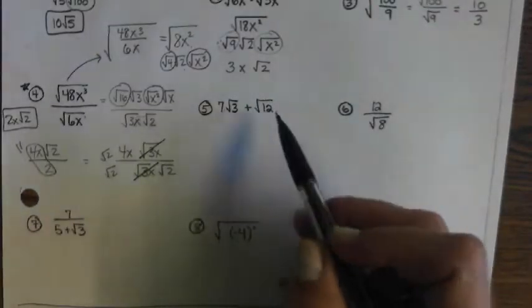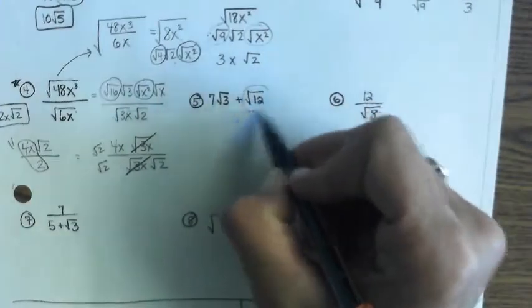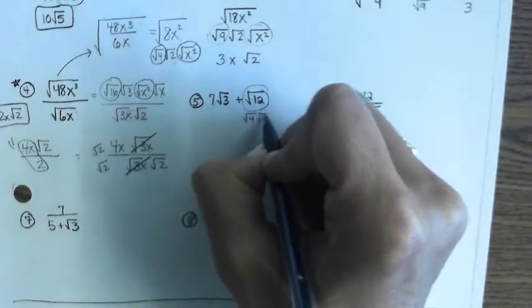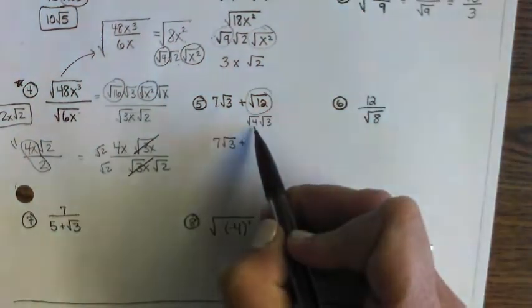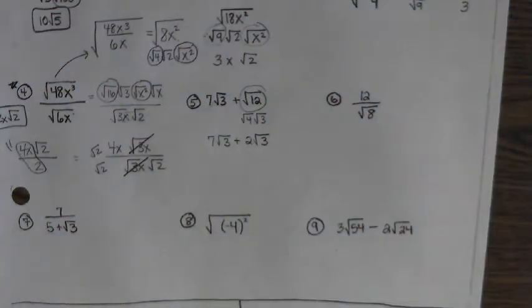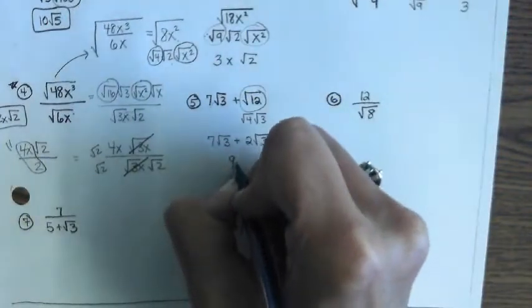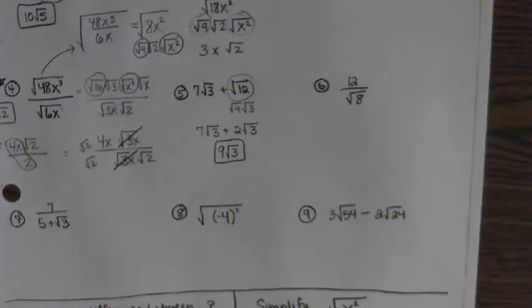So as this is right now, not combinable, but we can simplify the root 12 into 2 root 3. And 7 root 3 plus 2 root 3 is now 9 root 3s. So when you are adding and subtracting, simplify first, then combine like terms.